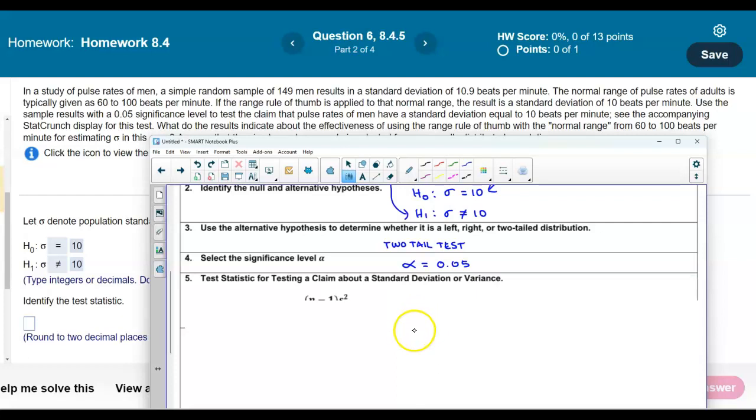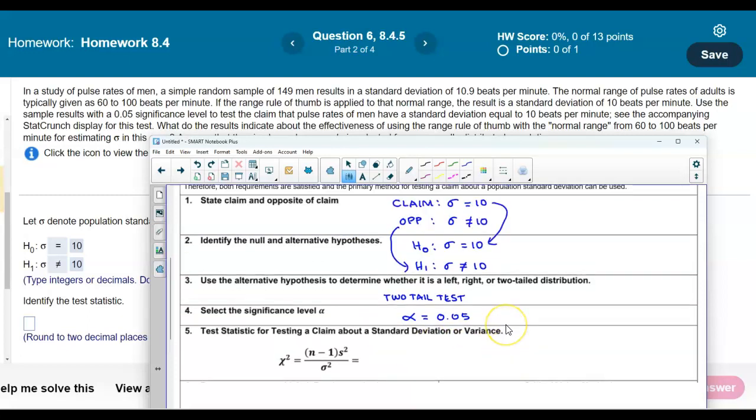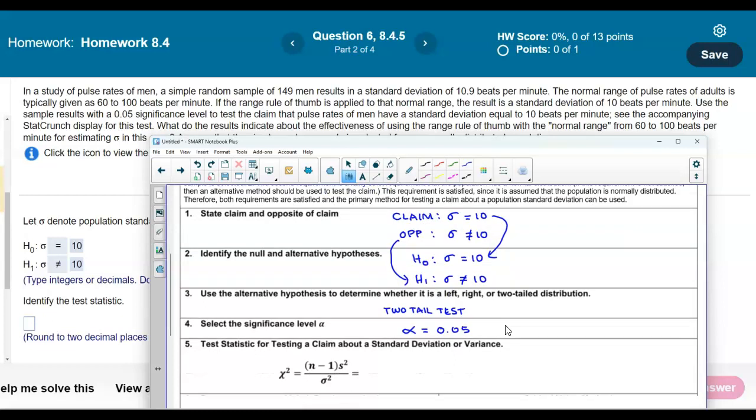Now we want to find the test statistic for testing a claim about the standard deviation or variance. We know that n is the sample size, which is 149, the sample standard deviation is 10.9, and the population standard deviation is 10. So if we put this into our formula, we take 149 minus 1, times the sample standard deviation of 10.9 squared, all over the population standard deviation squared.